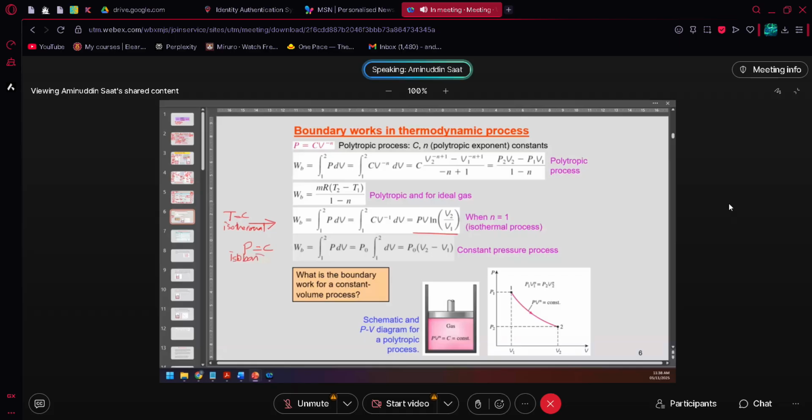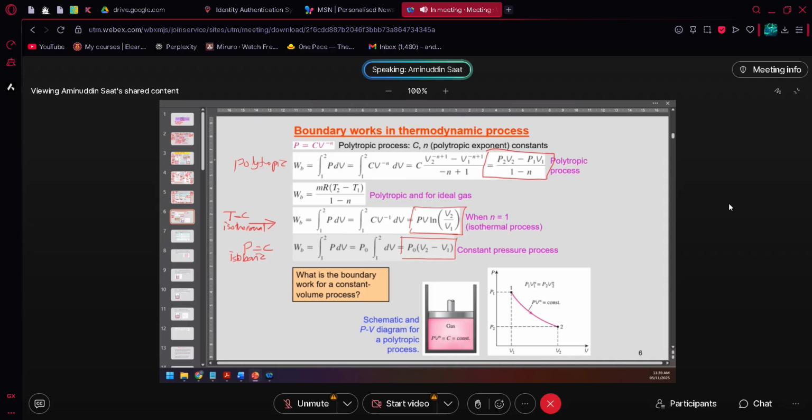Okay, this is for the polytropic. So basically you have this equation for polytropic. You got PV ln V2 divided by V1 for the isothermal, and you got P times (V2 minus V1).